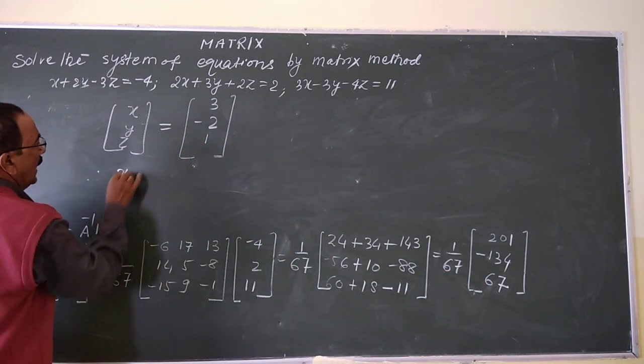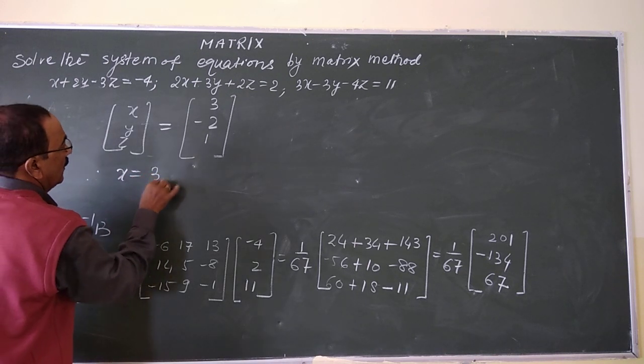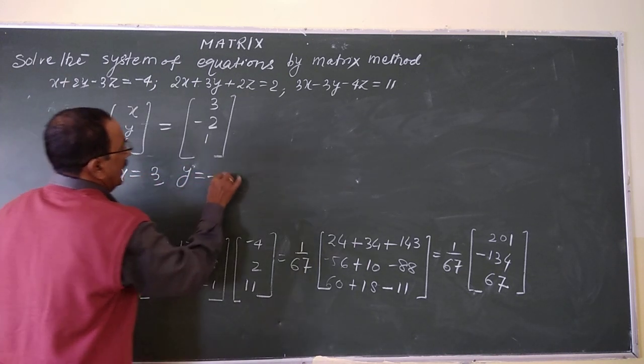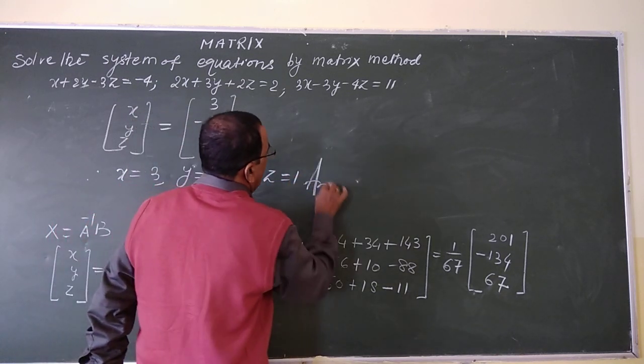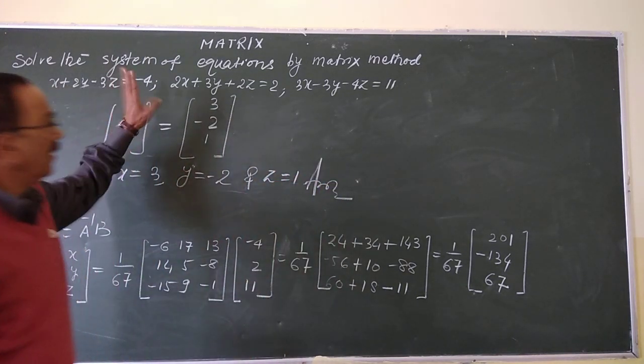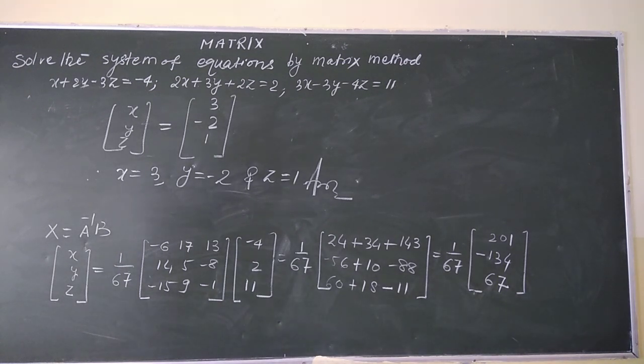Therefore, X is equal to 3, Y is equal to minus 2 and Z is equal to 1. This is the solution of the given system of linear equations.